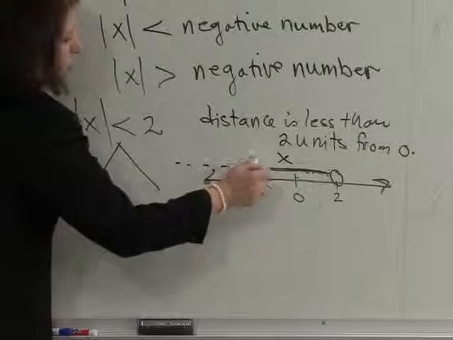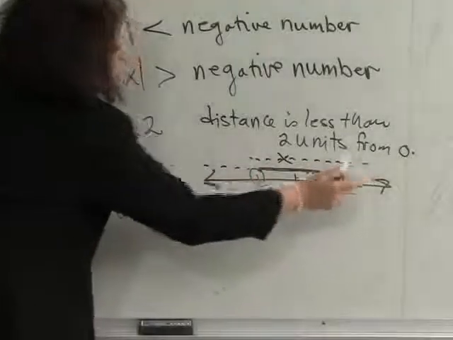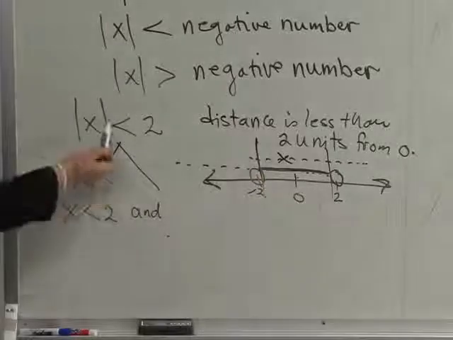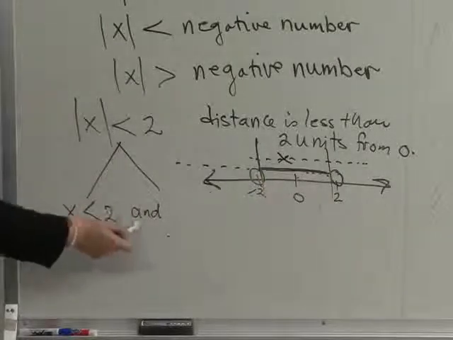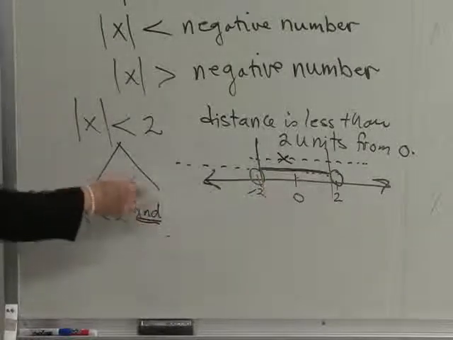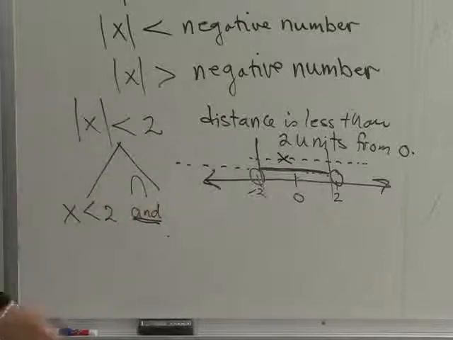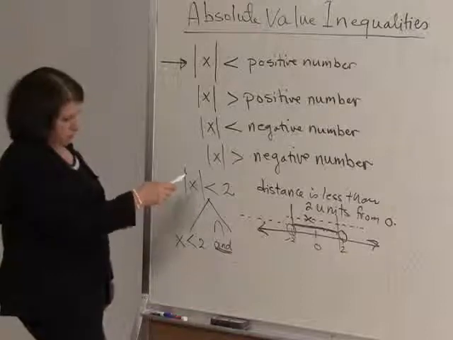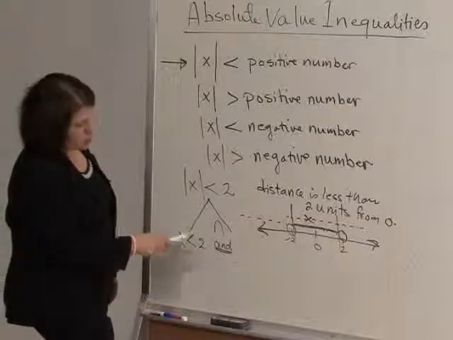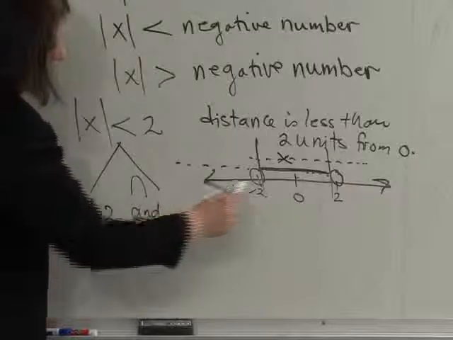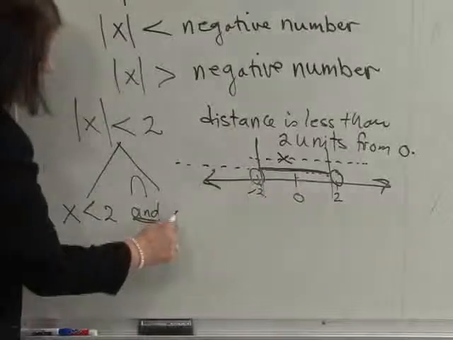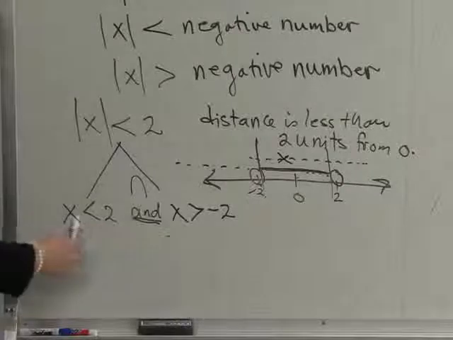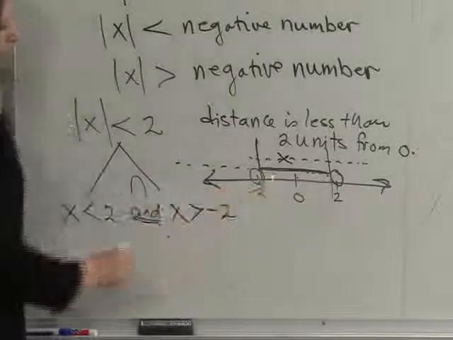If you go greater than -2, you're going all the way, and so the intersection would be right here. That's why with less than, you translate to an and, because we're looking at an intersection. That's something you need to be careful about. Remember, less than and. So x is less than 2, and x is greater than -2. And the and means the intersection.